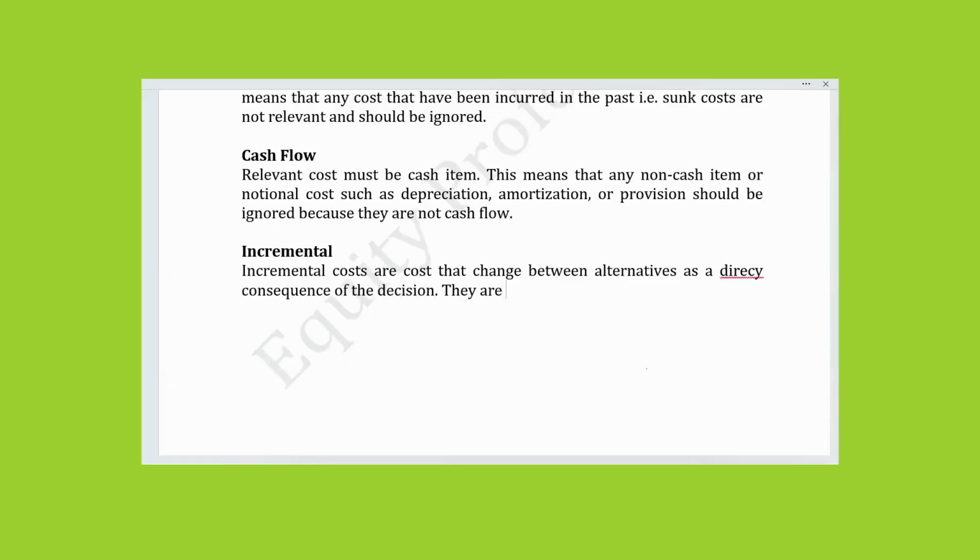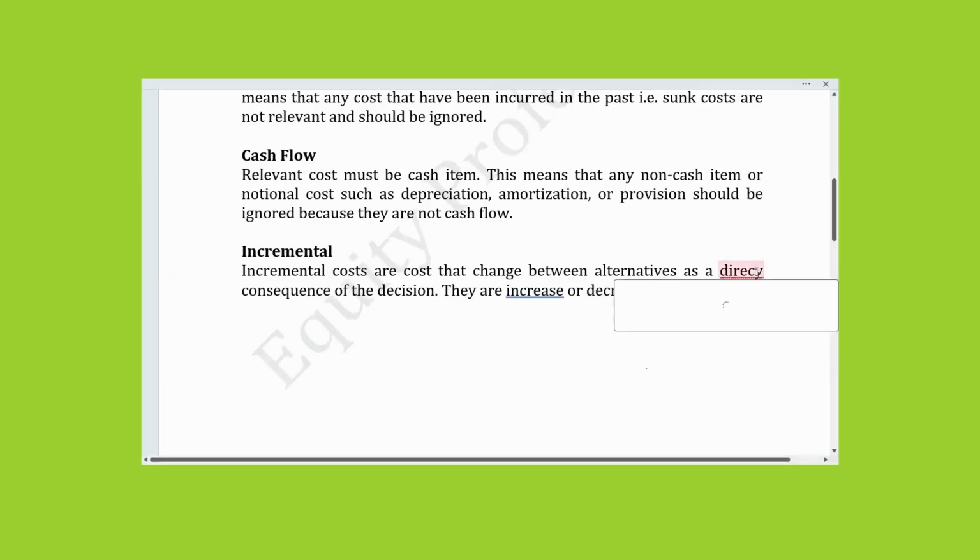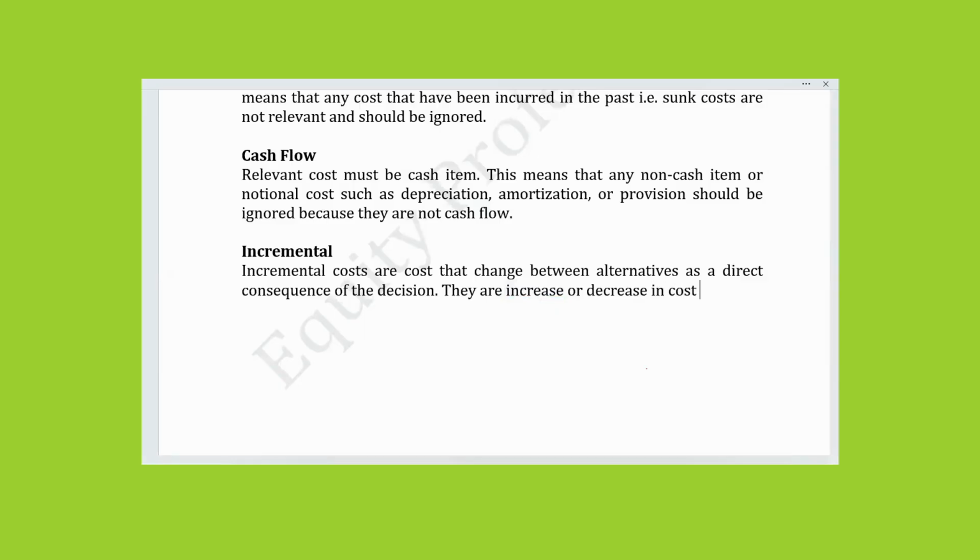They are increase or decrease in cost item as a result of a particular course of action. Okay.